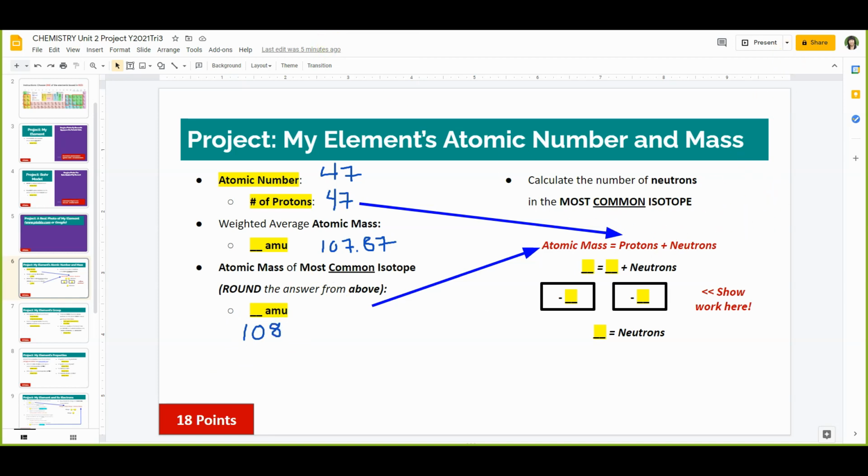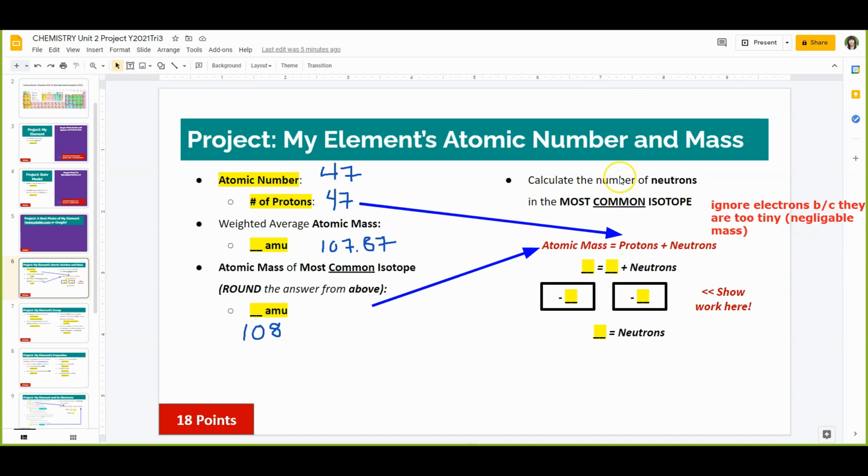The definition of atomic mass is protons plus neutrons. We always ignore electrons because they are too tiny. They have what's called negligible mass, barely any mass. That's why when we talk about the equation for atomic mass, it's only protons plus neutrons.